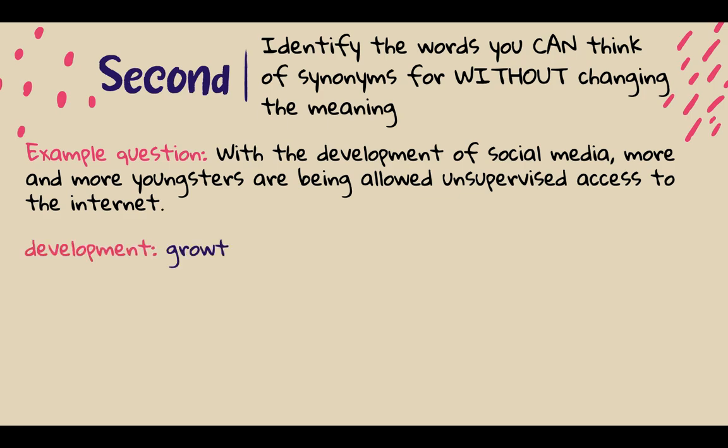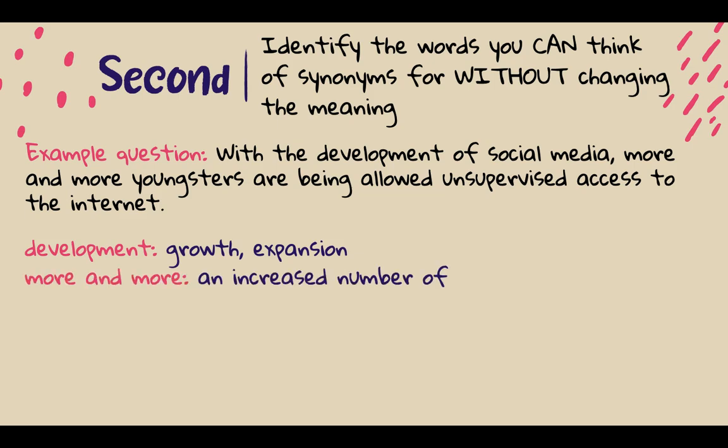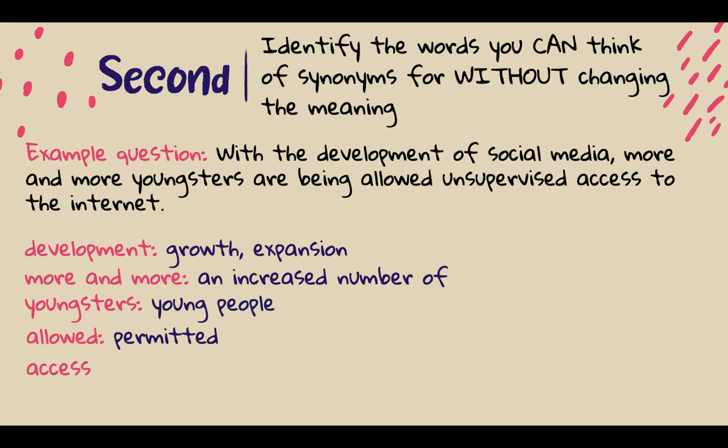So, we have development, we could use growth or expansion. More and more, an increased number. Youngsters could be young people. Allowed, we could use permitted. And access to, we could use use of. We can use all of these words in our new sentence.